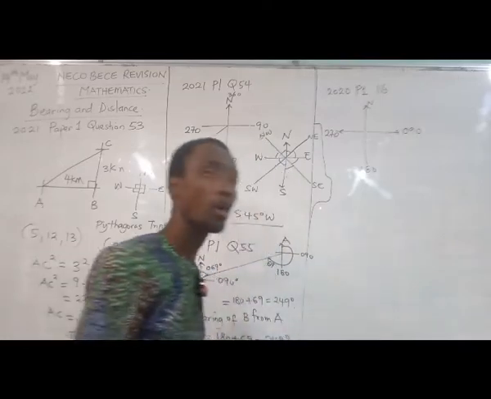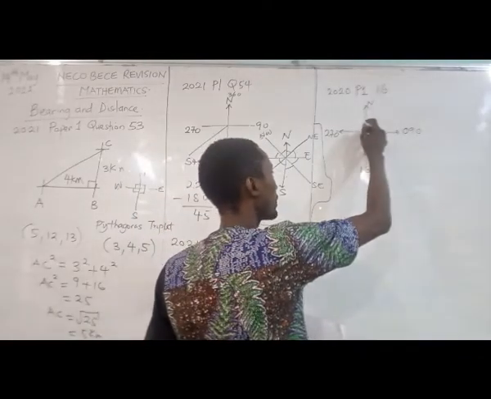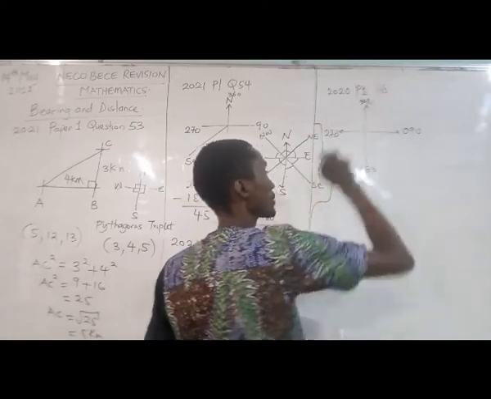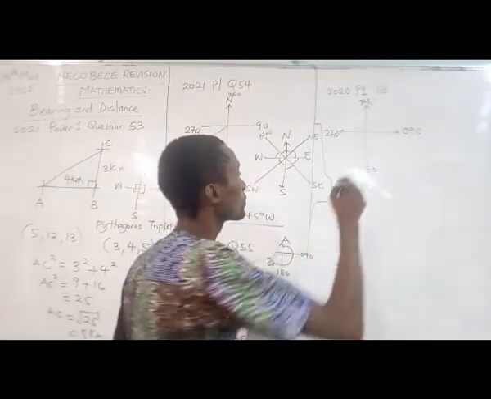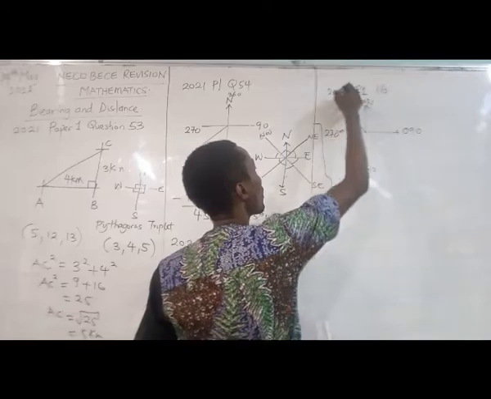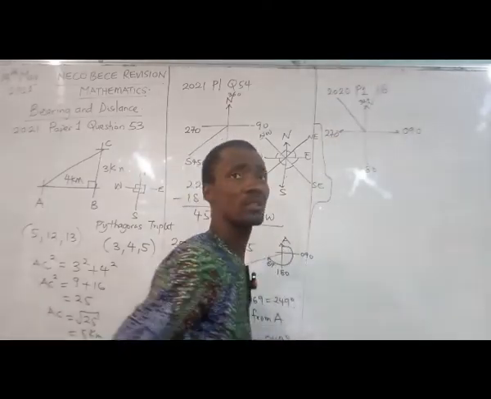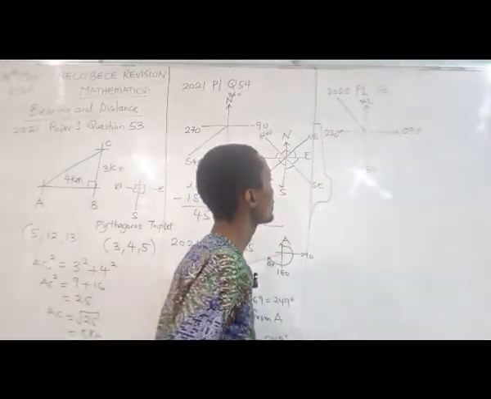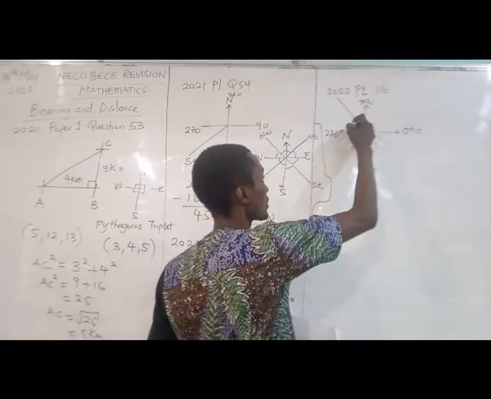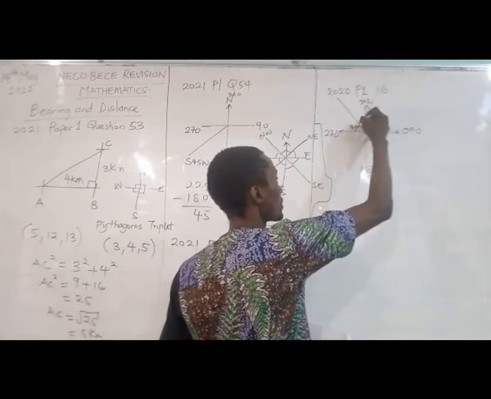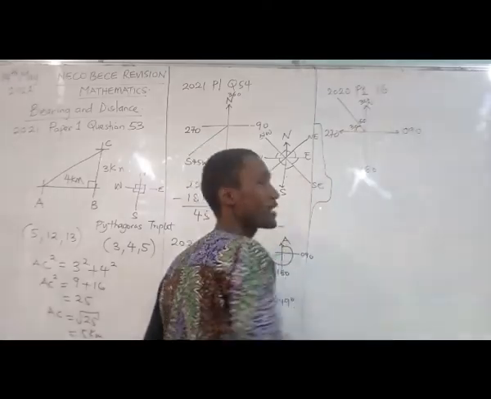You are told 300. So 300 will occur between this point and 360. So what do you do? How many will take me to 270? I mean 300. It is 30. And this will be 60. Why? Because this angle is 90 degrees.